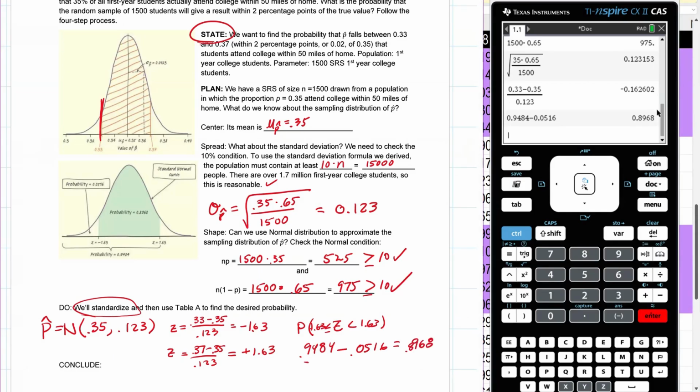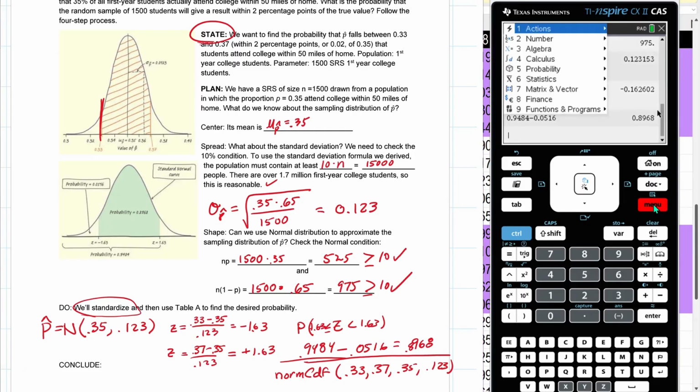Okay. And you're like, why haven't we done that recently? Well, it's because we've been doing norm CDF, and we would have probably said lower bound 0.33, upper bound 0.37, where the mean is 0.35 and the standard deviation is 0.0123.